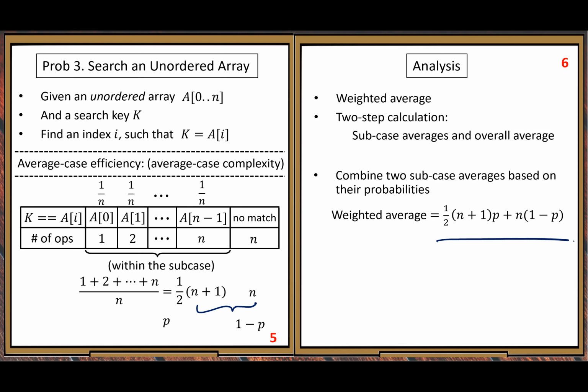Later, when we have many other questions, we also need to calculate the average case efficiency. Basically, we use this idea. The structure could be different, but the underlying understanding is the same as in this example.